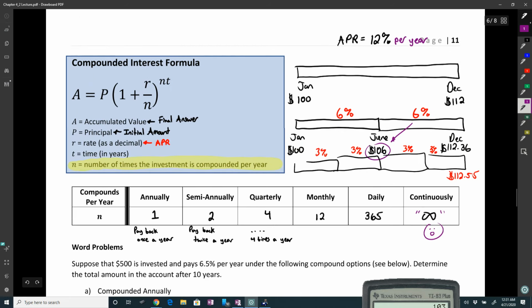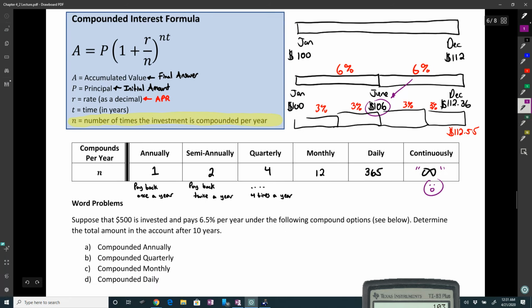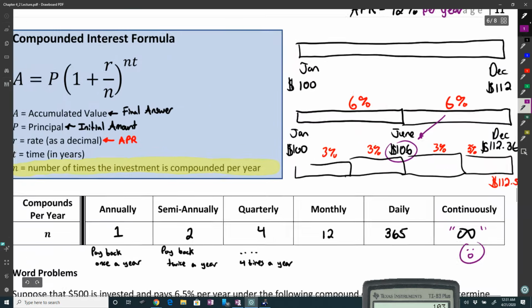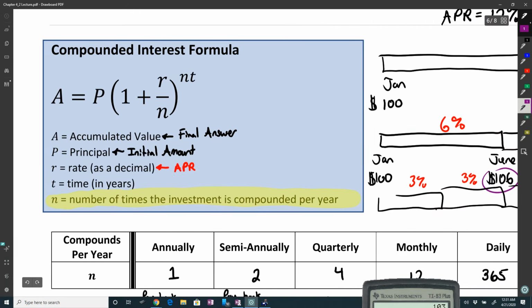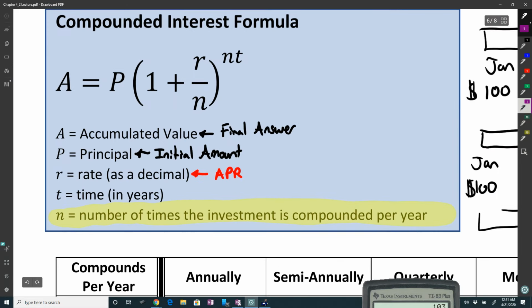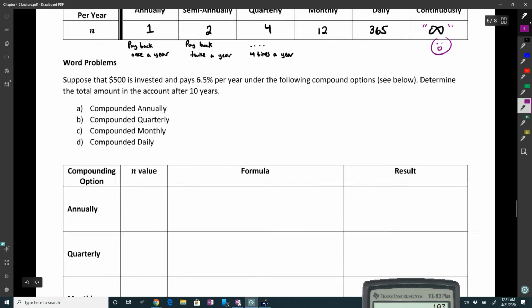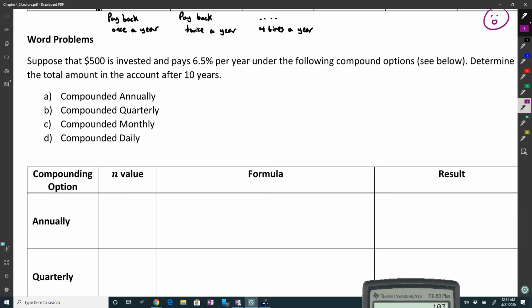All right. So anyway, let's do word problems. Ready? If I confused you with my little attempt to do that, kind of ignore. Be like, whatever, Gilbert. And just focus on this formula. All we're going to do is plug into it different values. So suppose you have 500 bucks. So 500 is invested.